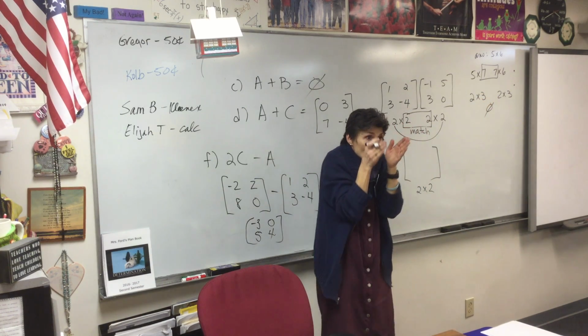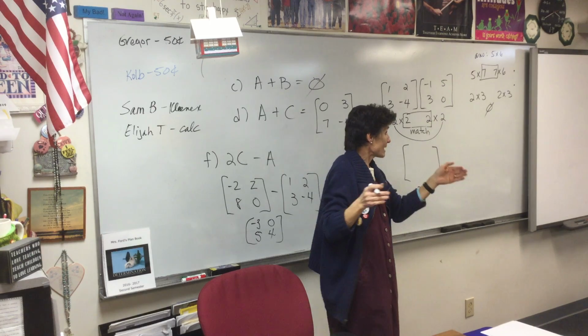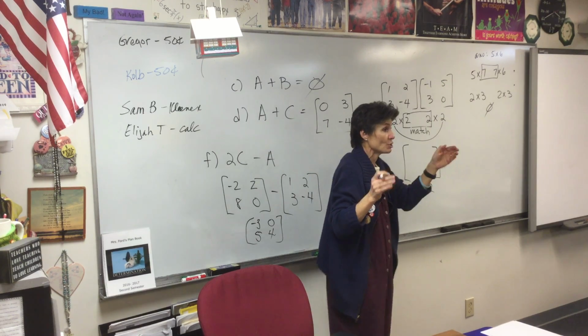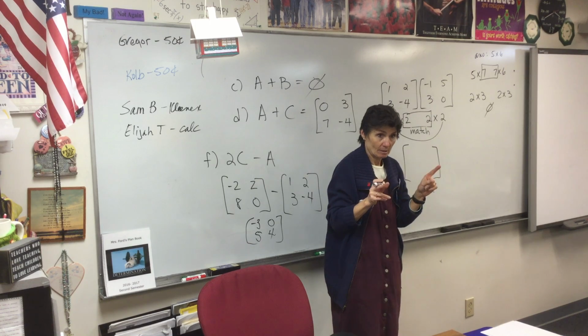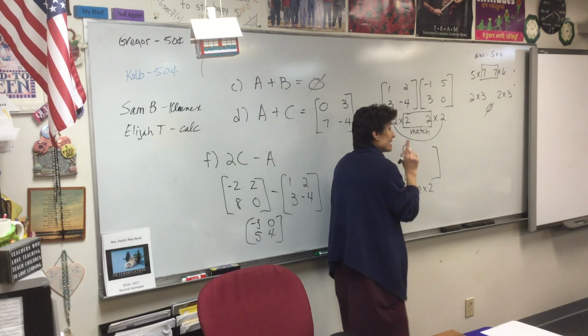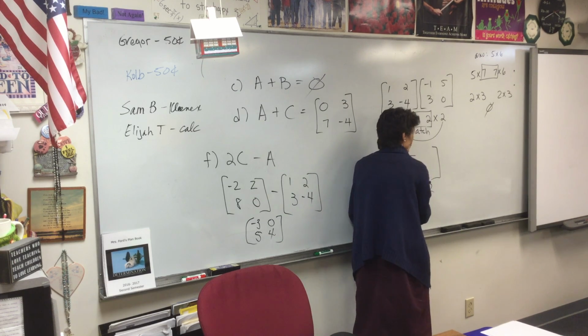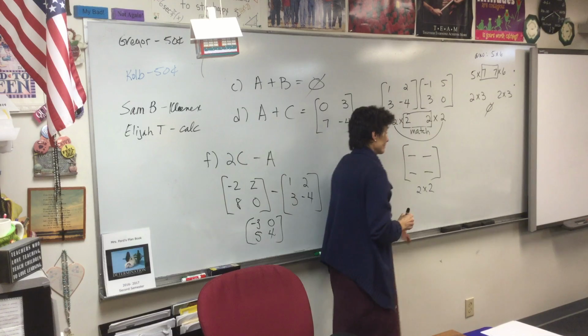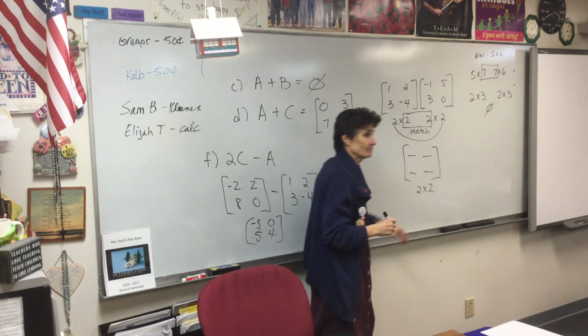So the two inside dimensions have to match. The two outside dimensions tell you how big your answer is. Now, I know that my answer is going to have 2 rows and 2 columns.